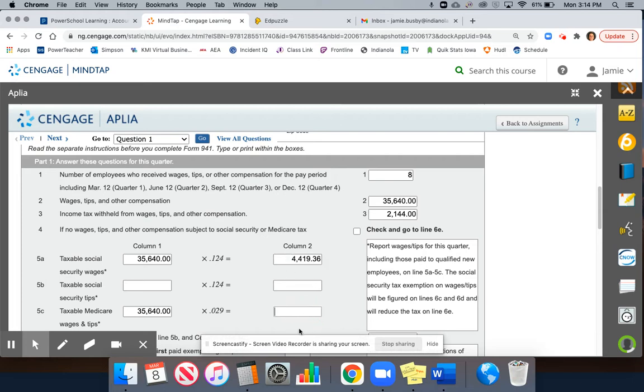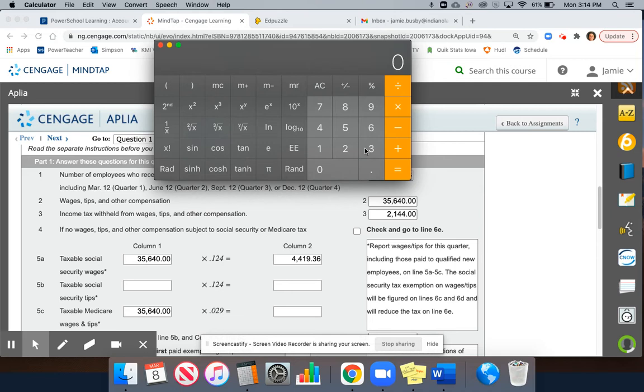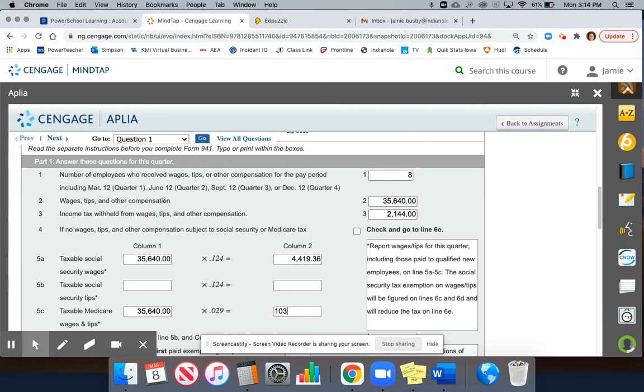We'll do the same thing for Medicare. 35,640 times 0.029, which is 1.45% times 2. It's $1,033.56.